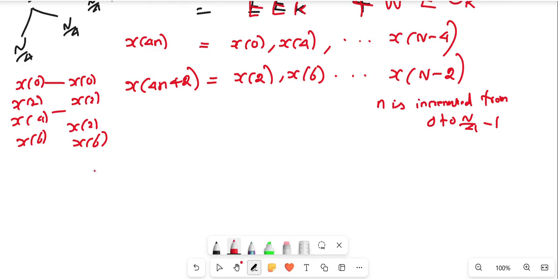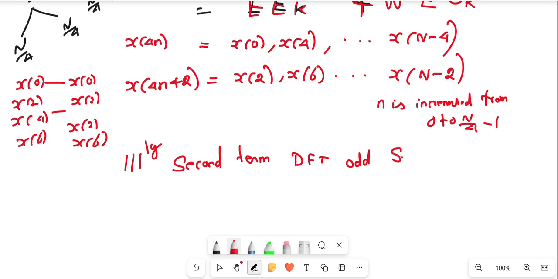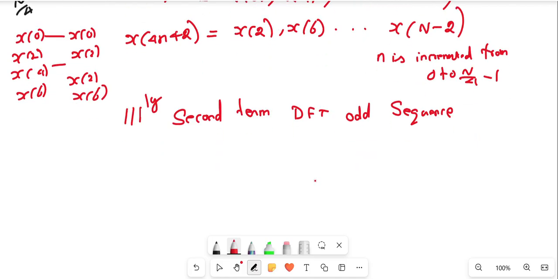Similarly, the second term, the DFT of the odd sequence. The second term, the odd sequence, is divided into W power k, of the even term and the odd term.